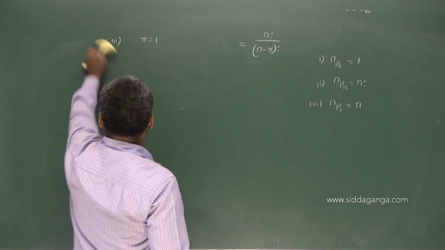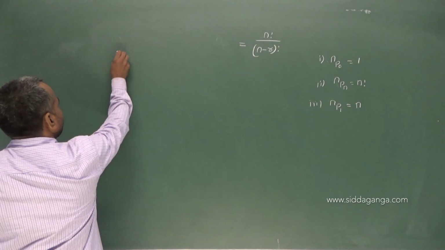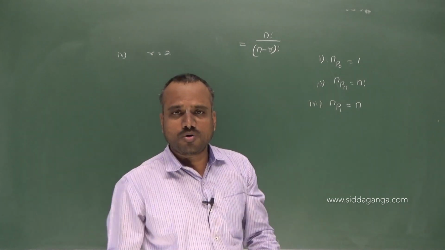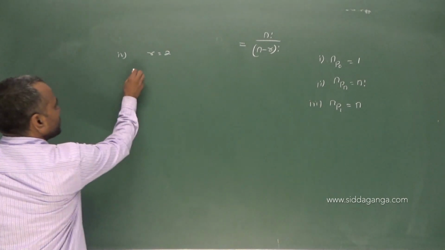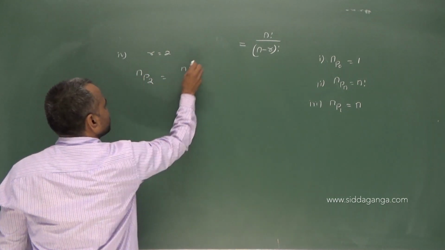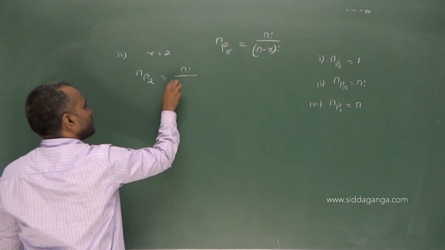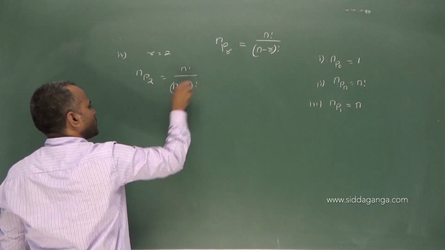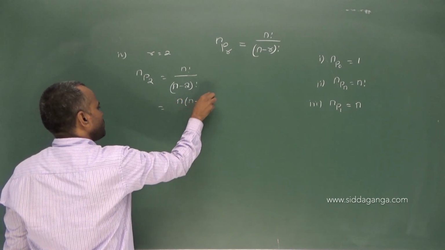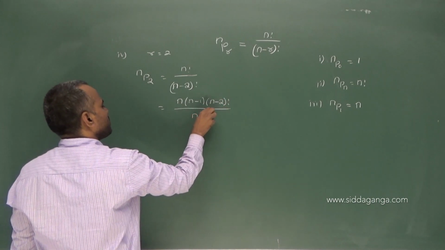One more note, the fourth one. R is 1 over, r is 0 over. If I take r is 2, then nP2: first let's substitute in the formula. n factorial divided by (n minus 2) factorial. n factorial I can write as n into (n minus 1) into (n minus 2) factorial, divided by (n minus 2) factorial.